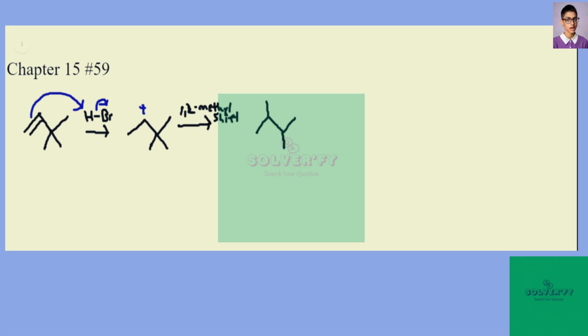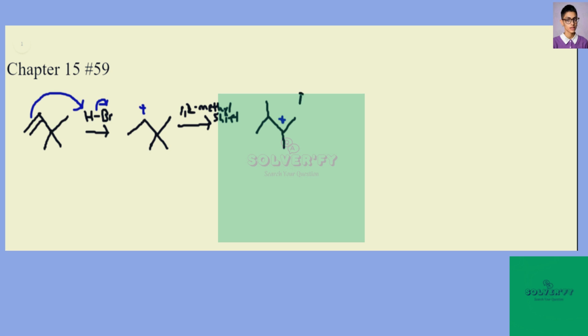And so now our carbocation is on a tertiary carbon. And so actually, I guess, not that it matters since the molecule is symmetrical, but it would be more correct to say that the carbocation is located here. Again, it doesn't matter, the molecule is symmetrical. And so now we have a tertiary carbocation.